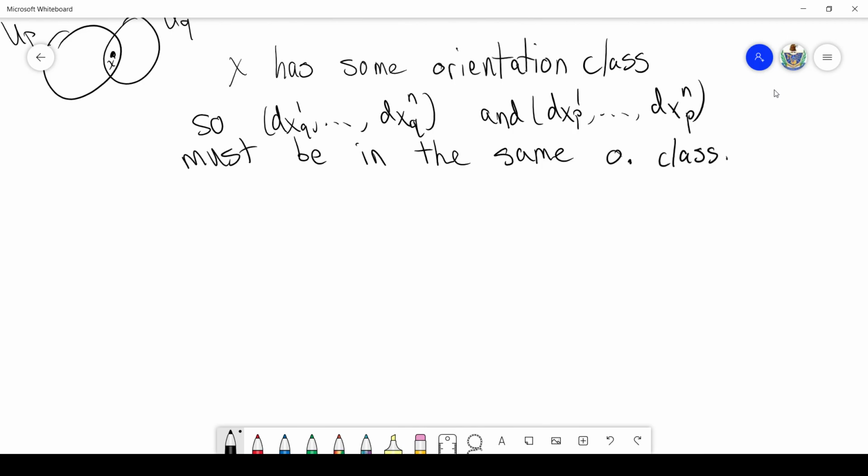In other words, that means that the transformation from this frame to that frame has a positive determinant. But we know that this transformation is just the transition function. So this implies that this Jacobian is positive.